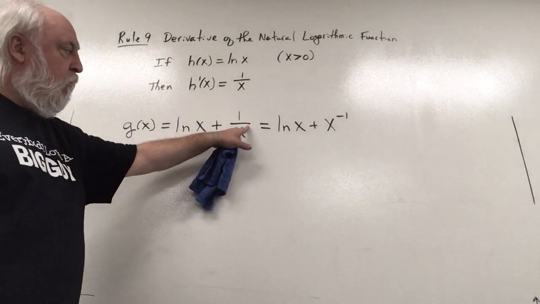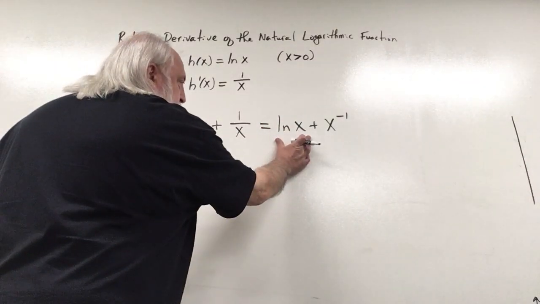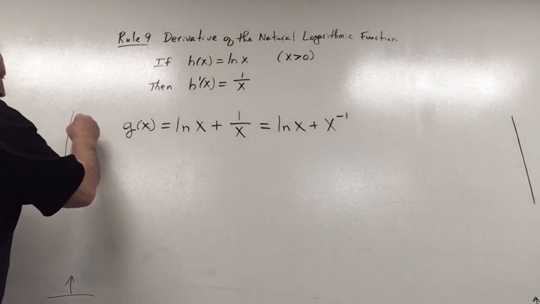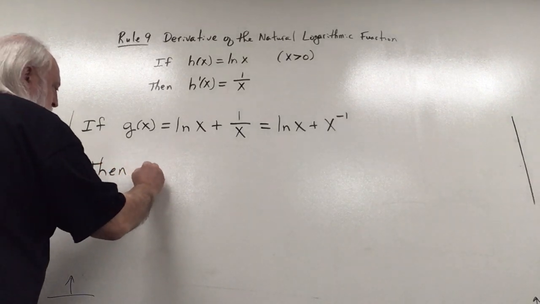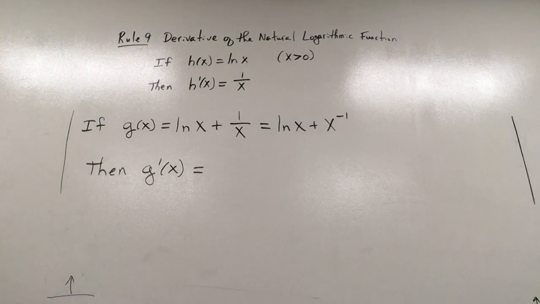And there's an invisible 1 in the exponent on the x here. So g of x is equal to the natural log of x plus x to the minus 1.